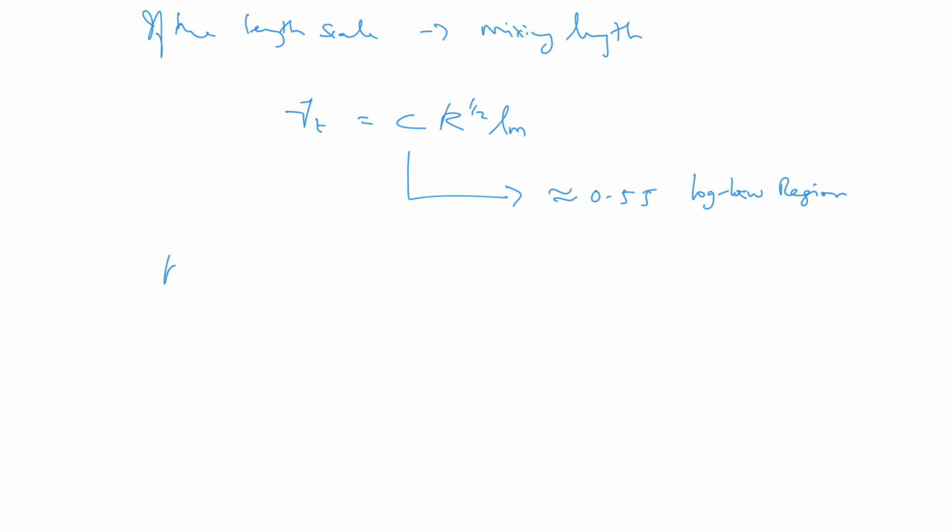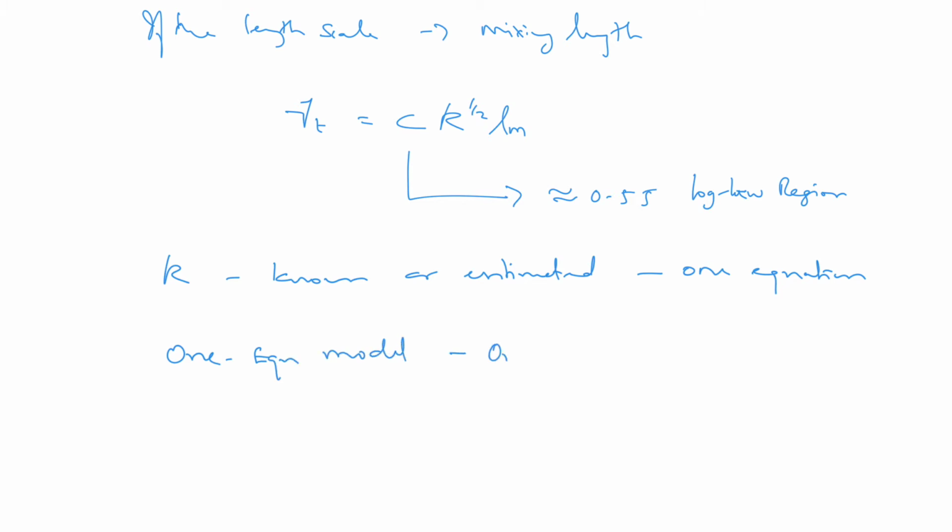Here this k must be known or estimated, which means we have to have one equation to determine the value of k. Hence we will be proposing one equation model, that is one transport equation for turbulent kinetic energy k.